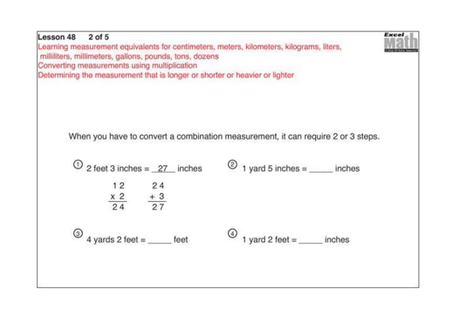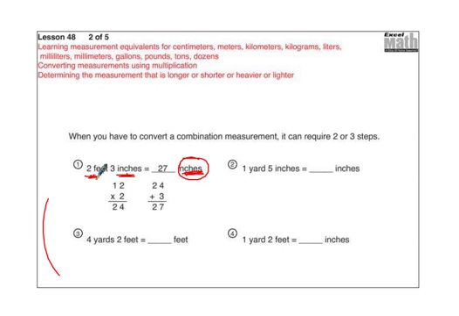All right, when you have to convert a combination measurement, it can require 2 or 3 steps, like this. 2 feet 3 inches is equal to how many inches? Make sure you look at this word out here to see where you're headed with it. They're going to try to fake you out coming up here on some of these problems in the future, and you really need to look at this word out here to see where you're going with it. What's the conversion? So 2 feet 3 inches.